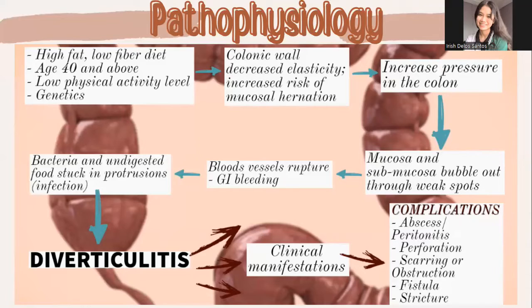From this, the colonic wall elasticity decreases and increases risk of mucosal herniation. When we say herniation, it means the occurrence when tissue such as part of the intestine protrudes through a weak spot in the abdominal muscles.